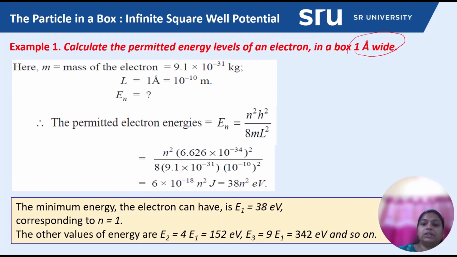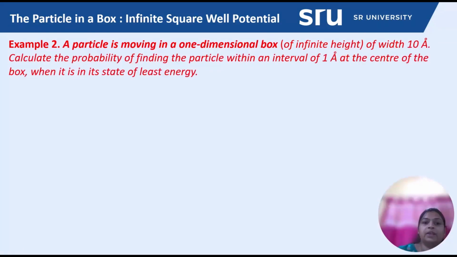So let's try with another example: a particle is moving in a one dimensional box of finite height with length 10 angstrom. Calculate the probability of finding the particle within the interval of 1 angstrom at the center of the box when it is in the state of least energy.